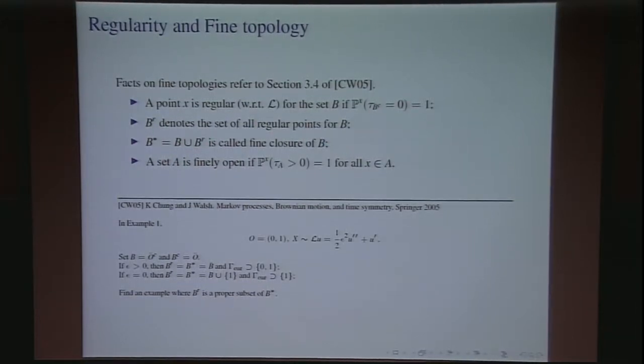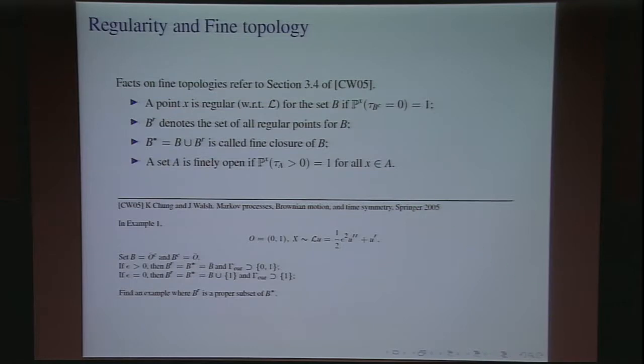So B^r means all regular points for B. In this case, it's supposed to be from negative infinity, including 0, and 1 to infinity. And what is the fine closure of B? It is the union of this.